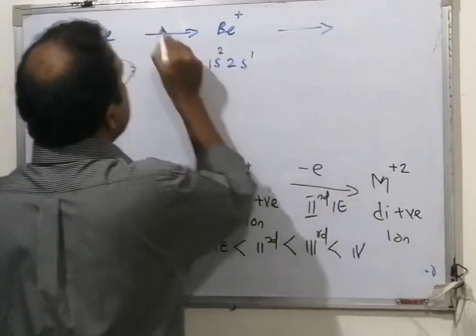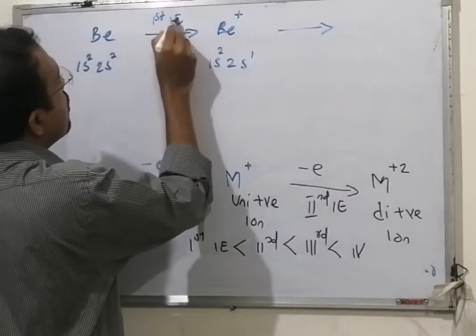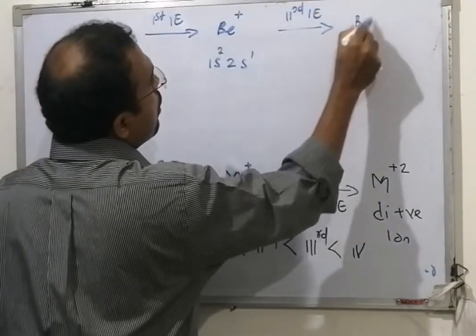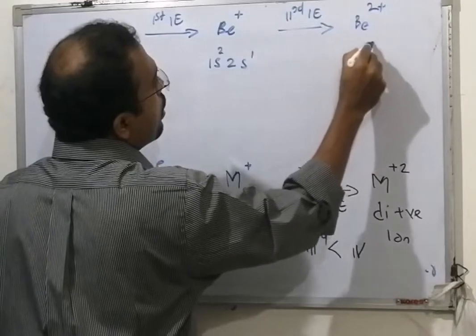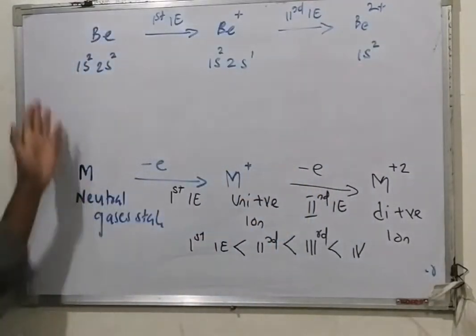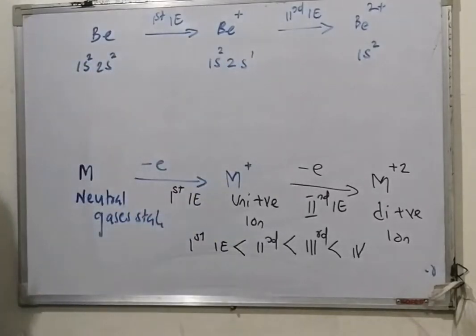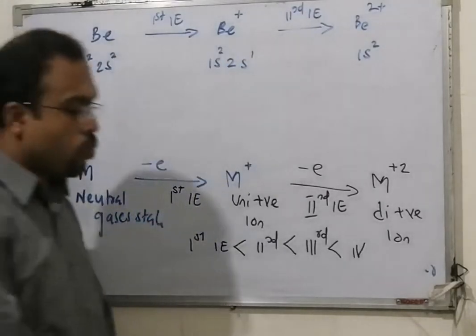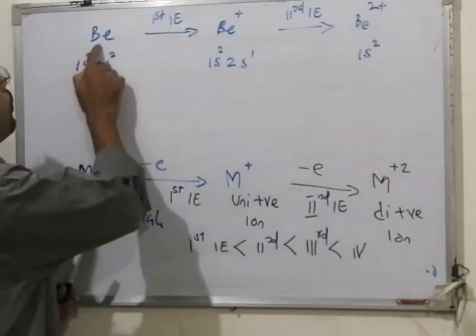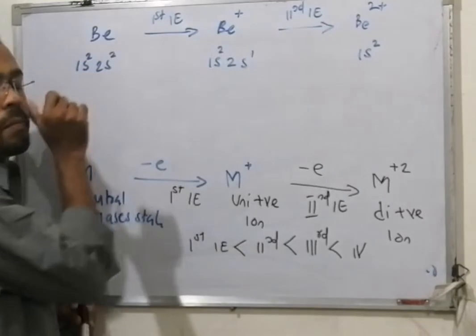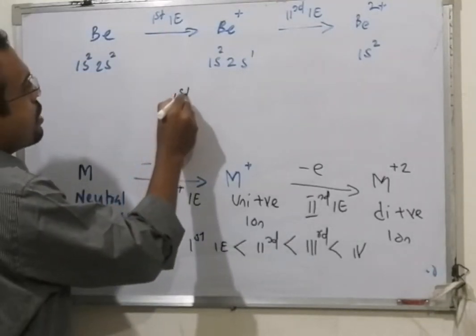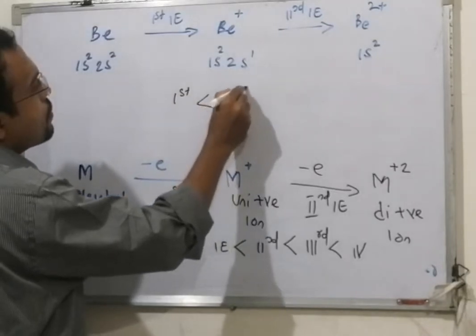This is first ionization energy. Second ionization energy, you are getting beryllium 2 plus, 1s2. Okay? It goes on like this. Therefore, please understand what is first, what is second. The energy required to convert beryllium to beryllium plus is called the first ionization energy. That first is smaller than second.